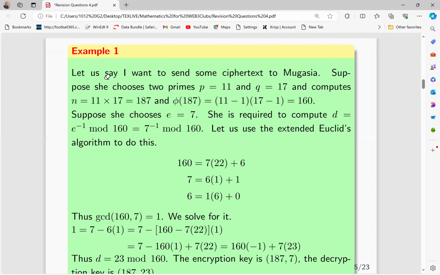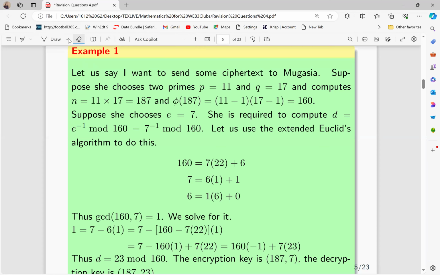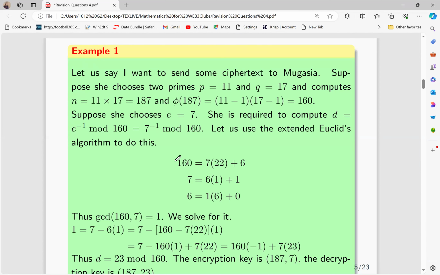The only common factor between this number E and 160 is 1. So let's assume she chooses E to be 7. It follows that she's supposed to calculate D, the inverse of 7, mod phi of m. This time we're using phi of m, but when we are encrypting and decrypting, we're using mod m.